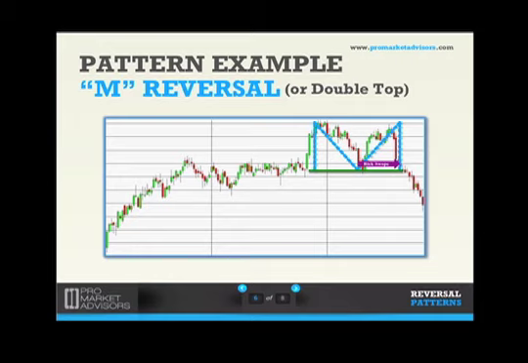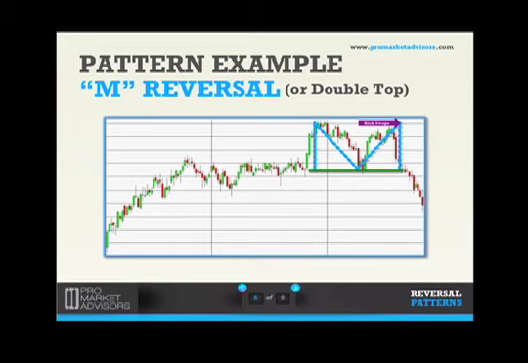In other words, if from this part of the M to the middle is 2 weeks, you kind of lose the validity of this pattern if from the middle to the next part of the M it's 2 months. Now, again, you've got a lot of flexibility there, but the more symmetry that you have, the better. So, again, we see a secondary peak that is approximately the same level as the first peak.